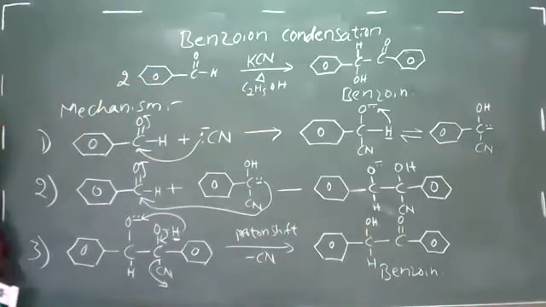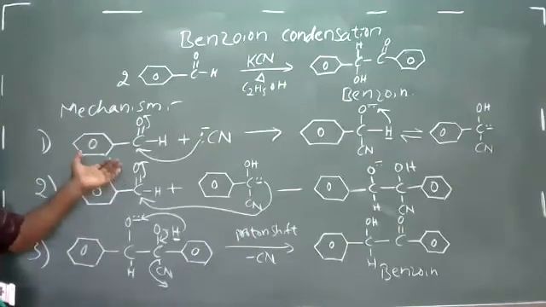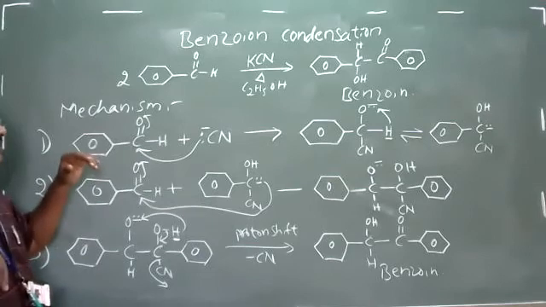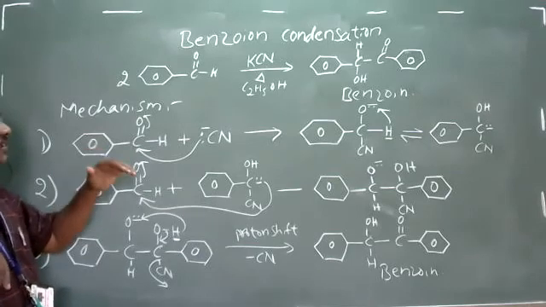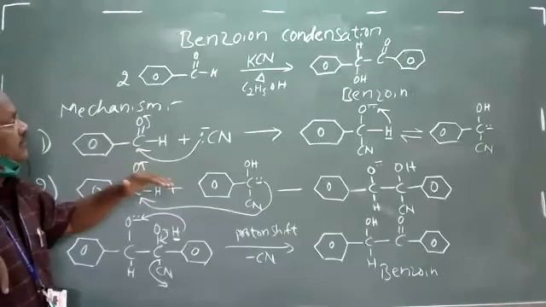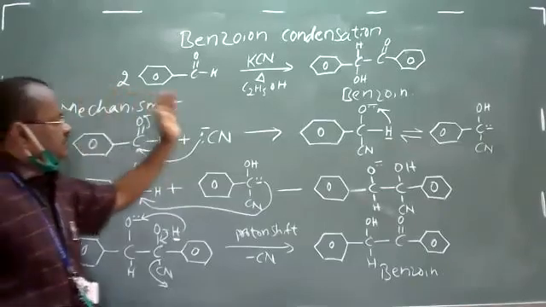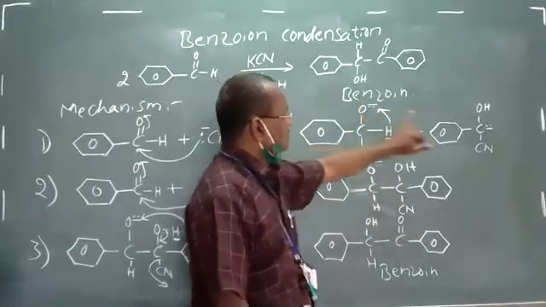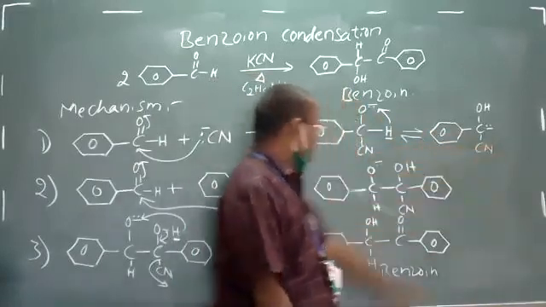So this particular mechanism is also called the nucleophilic addition plus proton shift mechanism. Proton rearrangement takes place. That means the hydrogen will come out as a proton and shift from one atom to another atom. So in the first case, it is shifted from carbon to oxygen, thus forming a carbon anion.